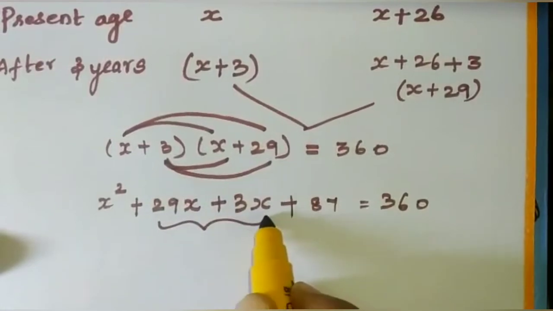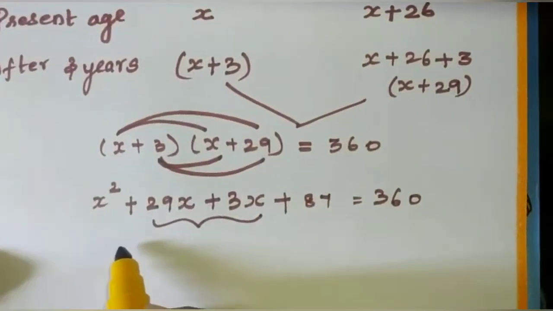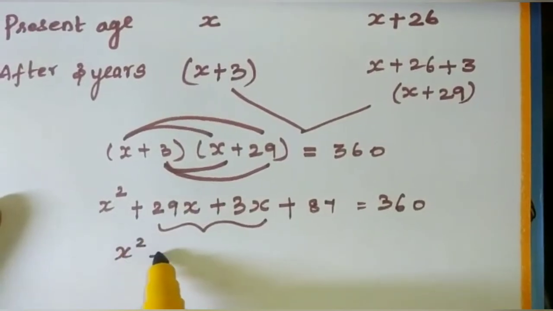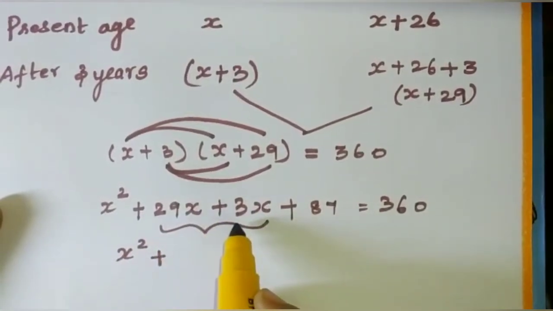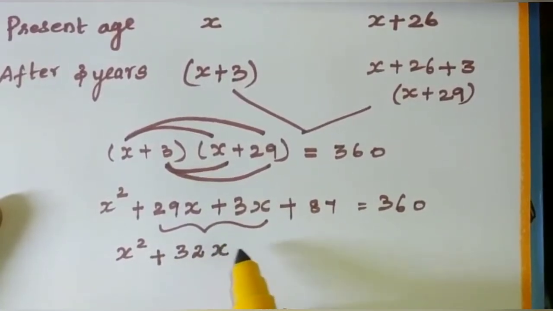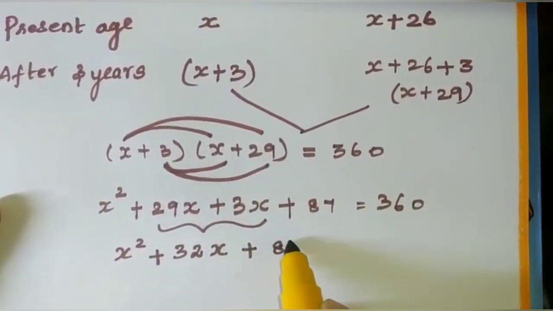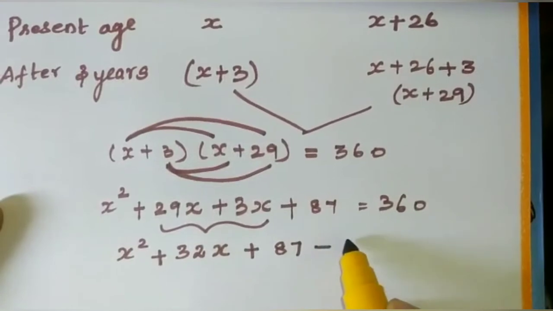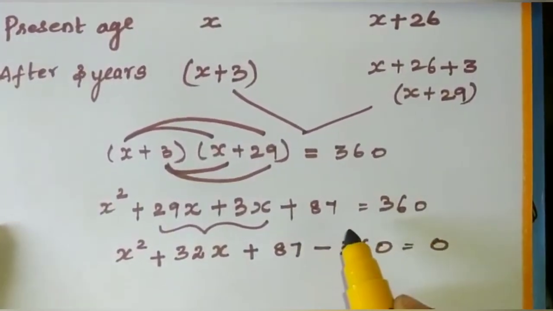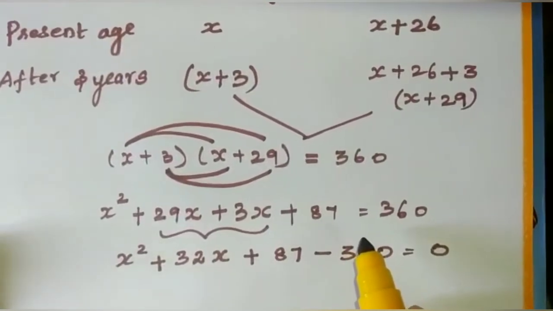Now you have to simplify the x terms because we have two of them. So x square plus 29 plus 3 is 32x plus 87 minus 360. You have to shift the 360 to the left hand side.